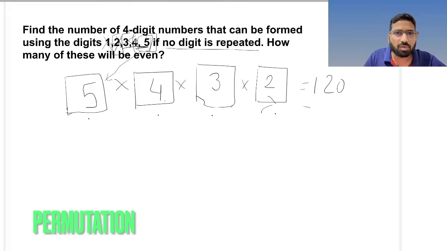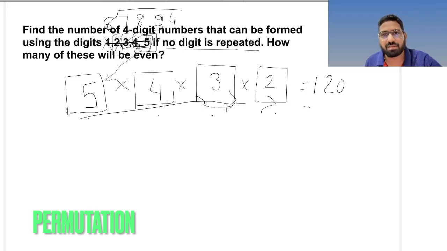For example, if the digits were 6, 7, 8, 9, 4, then also you would get the same answer, because we are counting the number of digits, not the exact value of the digit.